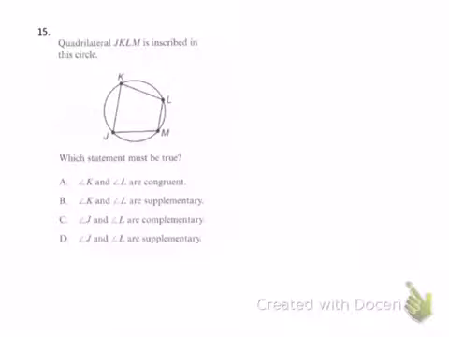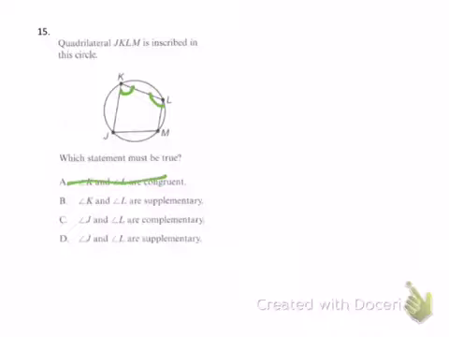Last question. Quadrilateral JKLM is inscribed in this circle. Which statement must be true? Angles K and L are congruent. Well, if you look at that, here's angle K and here's angle L. You can tell that one's acute and that one's obtuse. So that wouldn't be correct. B, K and L are supplementary.